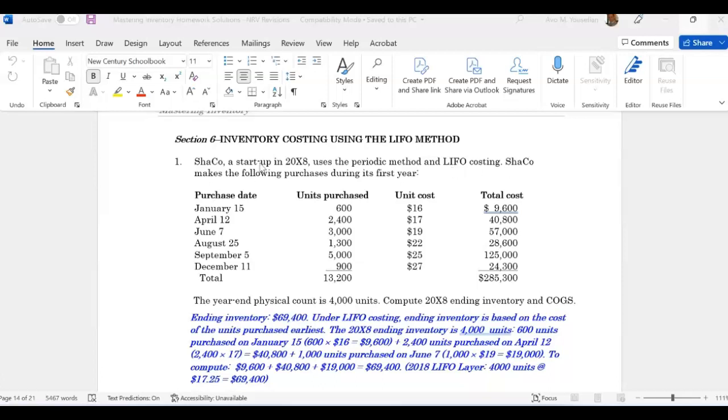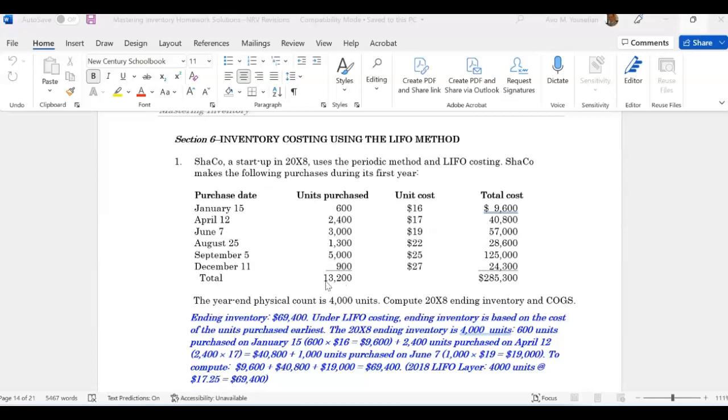So the company is a startup company. That means beginning inventory is 0. And they made the following purchases. At the very beginning in January, they purchased 600 units at $16 per unit cost, and then they bought a few more times.